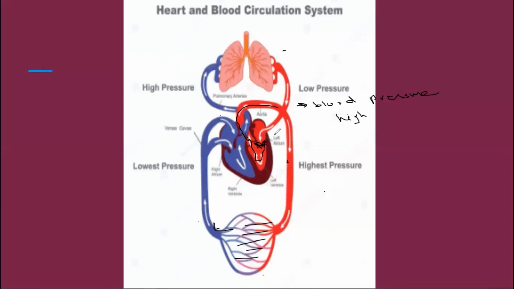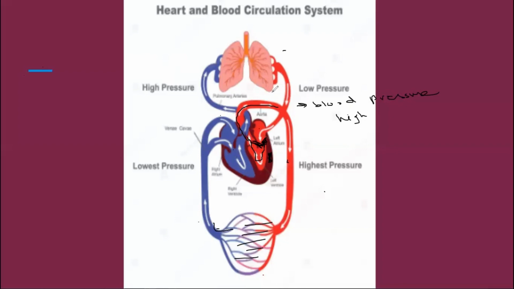So a high blood pressure is generated by the left side of the heart, because the left side of the heart has thick muscles, and the bicuspid valve in between the left atrium and left ventricle offers less resistance to the flow of the blood.